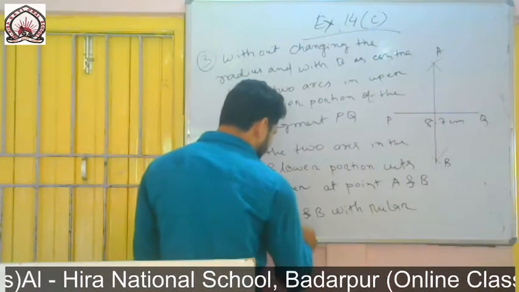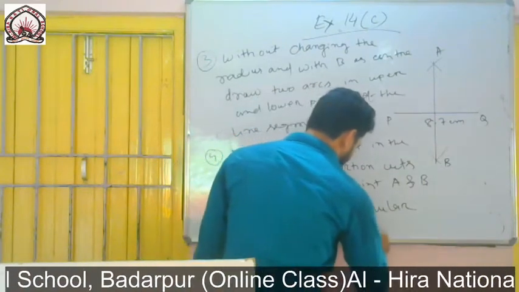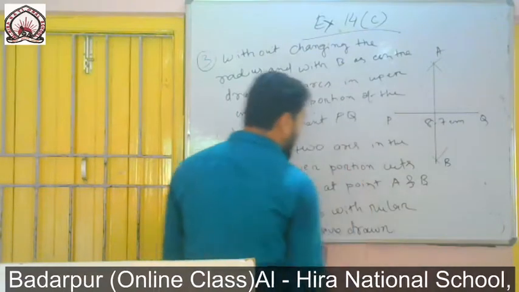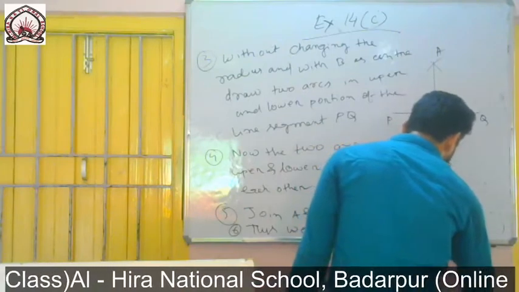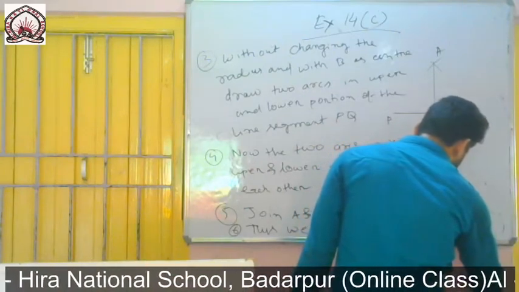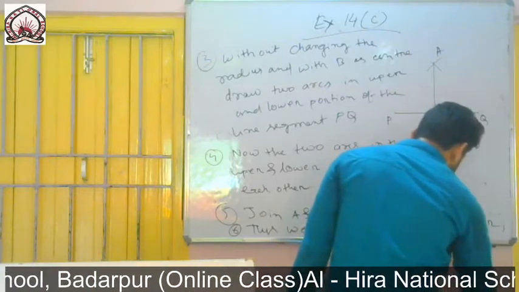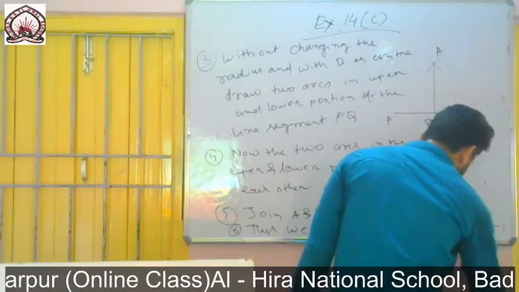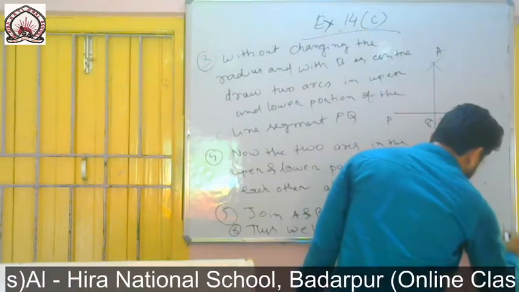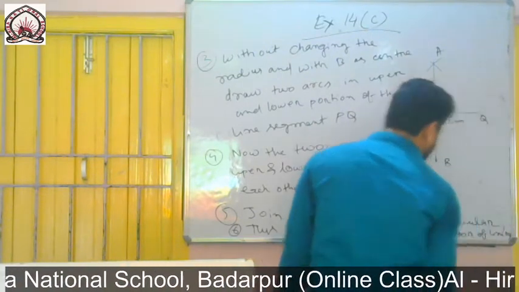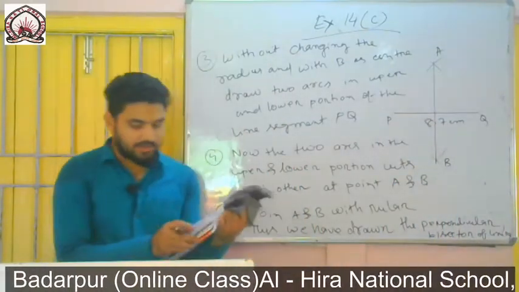Thus we have drawn the perpendicular bisector of line PQ. So that is the answer of question number 2.